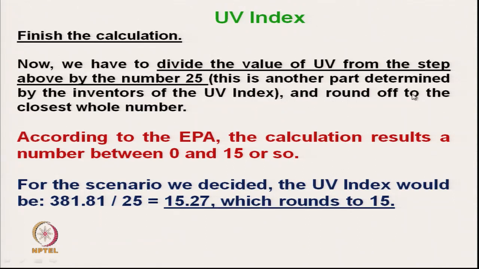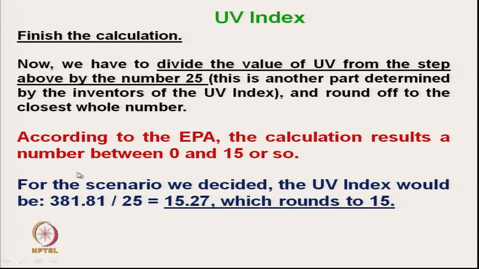This is another determination accepted by different agencies, and then round off to the closest whole number. This 25 is just to get a value in the range between 0 to 15 throughout the world.